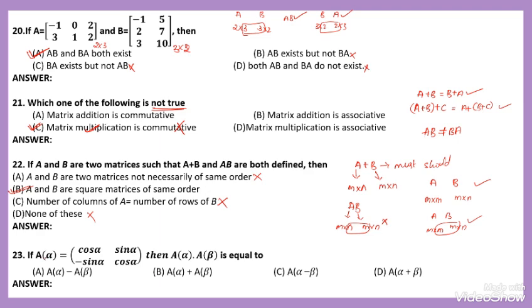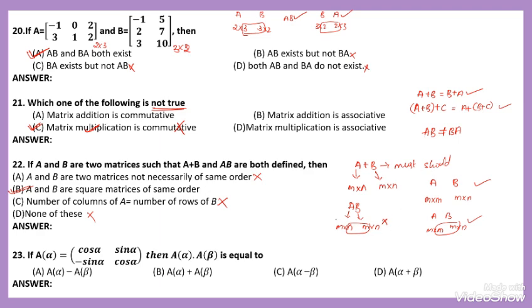A of alpha is equal to the matrix cos alpha, sin alpha, minus sin alpha, cos alpha. Then taking the multiplication, wherever alpha is there in an element, we have to take beta. After that, take the multiplication and you will get the result.